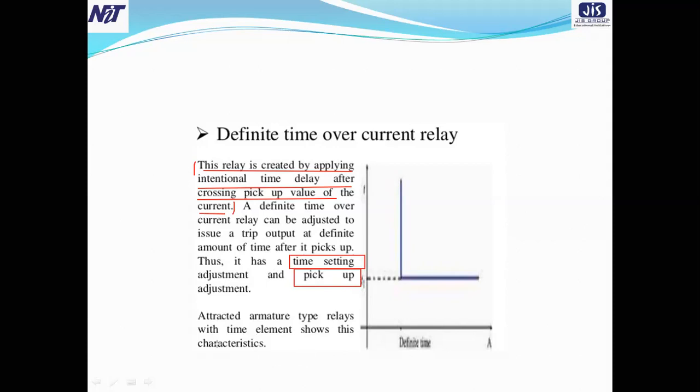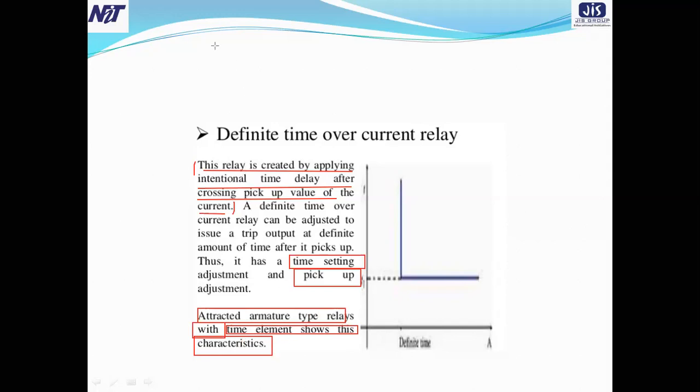Now, attracted armature type relays with time element. Okay, so the first one, instantaneous, was also an attracted armature type relay, but here the difference between the instantaneous and definite time overcurrent relays is that for the first one it was only an attracted armature overcurrent relay, but here, with the time element, it shows these characteristics.